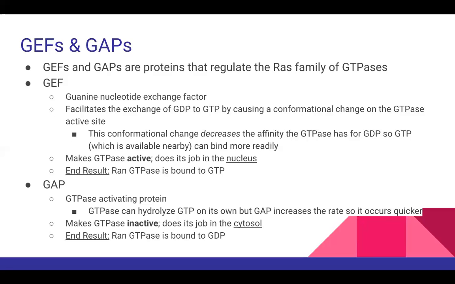RAN itself is the one doing the hydrolyzing of GTP to GDP, but it does it much slower, and it takes a while. So it recruits the help of GAP, and GAP accelerates the hydrolysis. GAP itself is not hydrolyzing the GTP, it's just quickening RAN's ability to do so. I hope that makes sense, but it would just be wrong to say that GAP is hydrolyzing GTP, when in reality it's RAN, or whatever GTPase you're dealing with in the pathway, doing that itself.